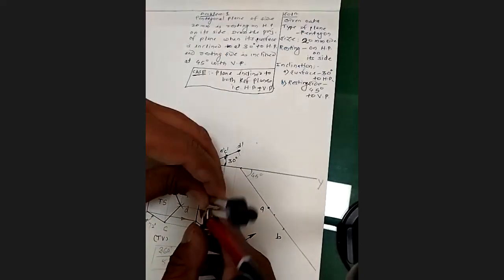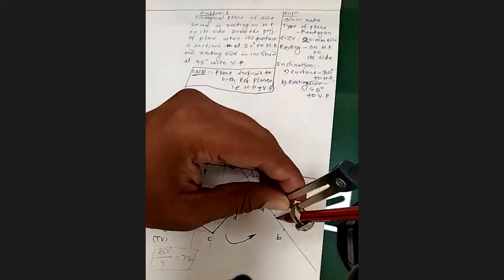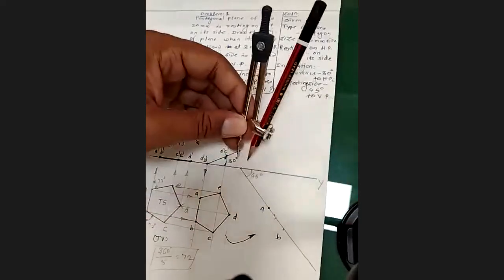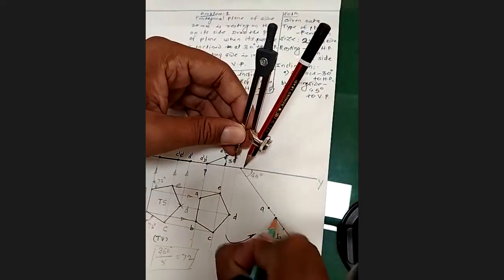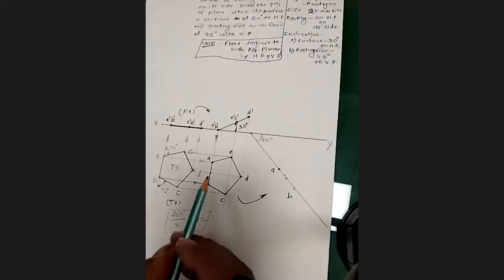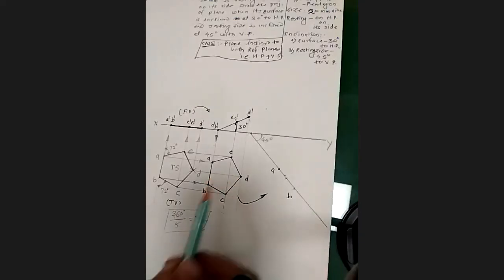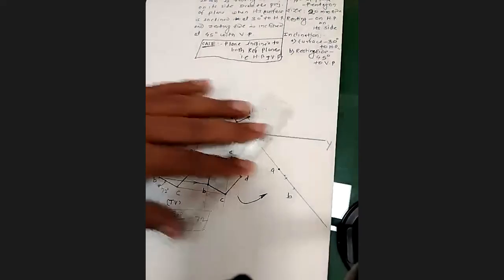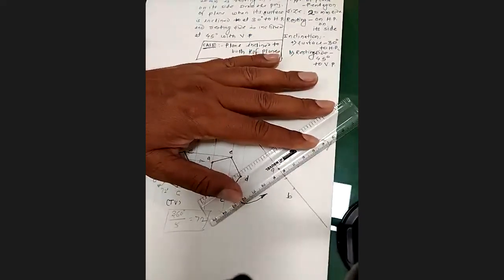The center point will be at the center of this AB line, through which, see here in the second stage, this is the line perpendicular, suppose. So I will draw a line perpendicular through this.